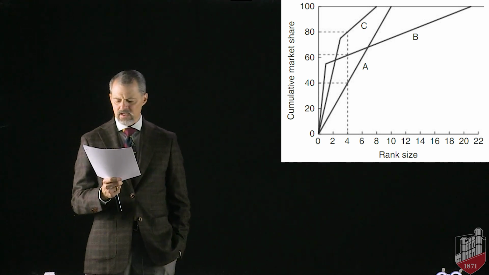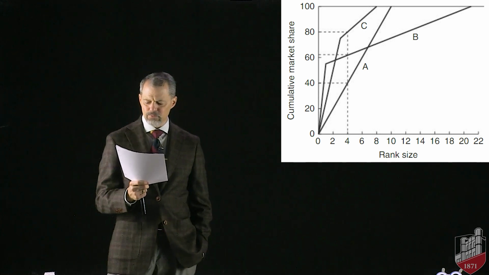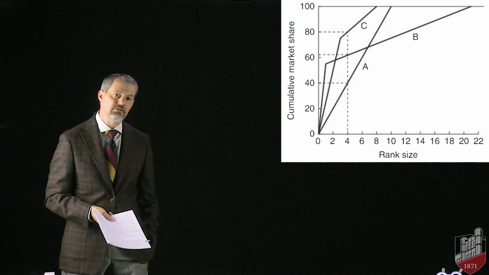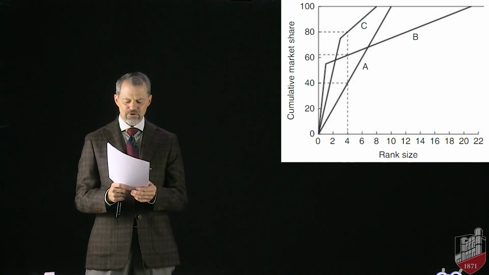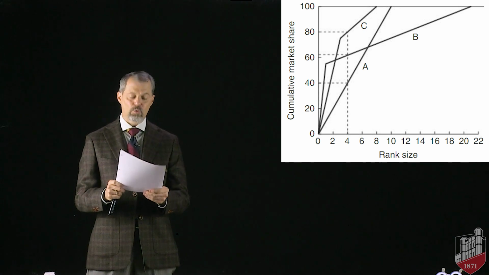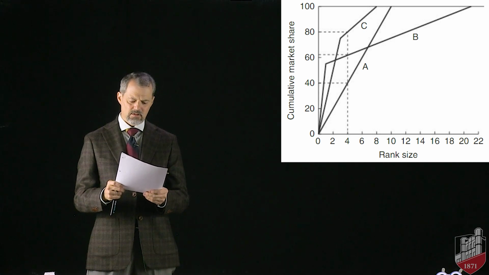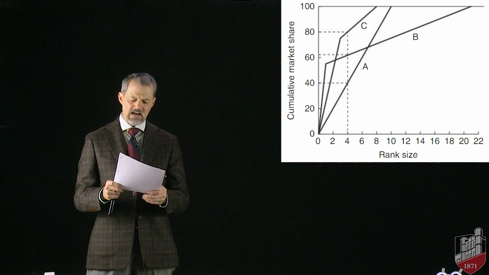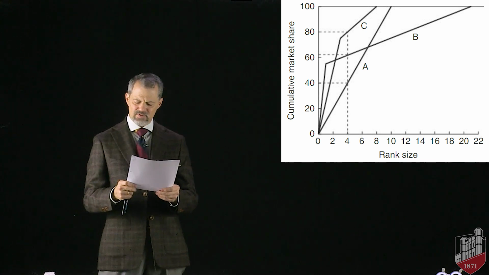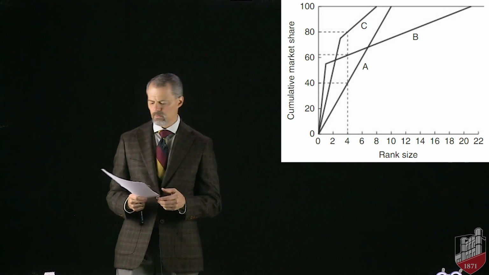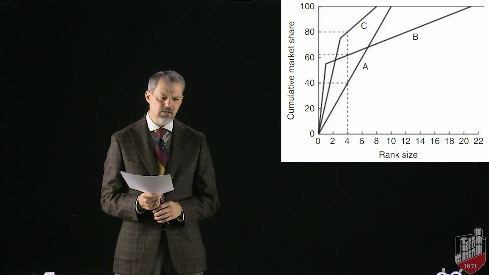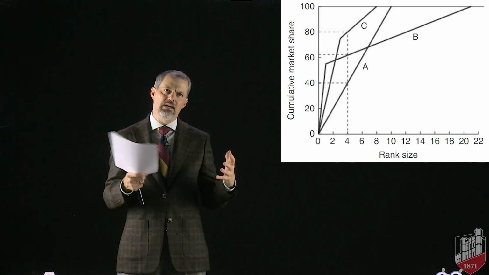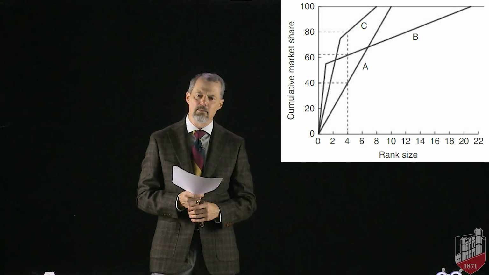And then if you look at industry C, there are 8 firms in that industry. The first 3 have 25% each, and the remaining 5 have 5% each. So these concentration curves give you a good visual way of thinking about what's going on in the market.